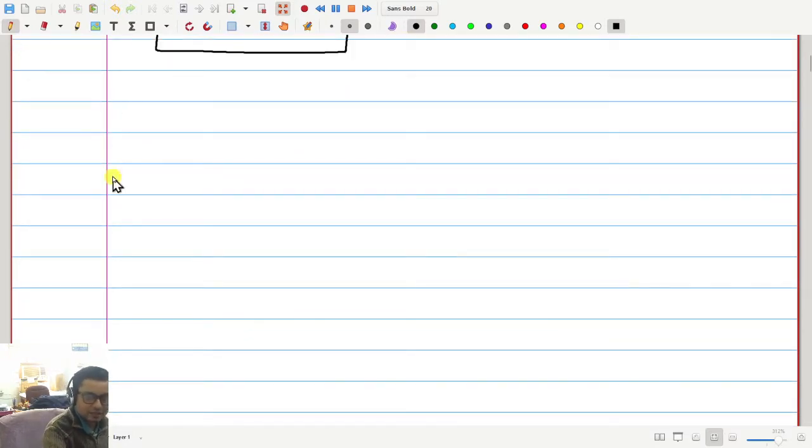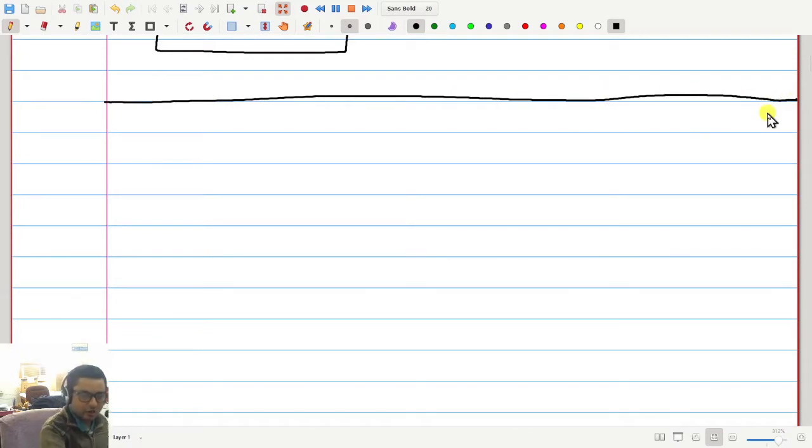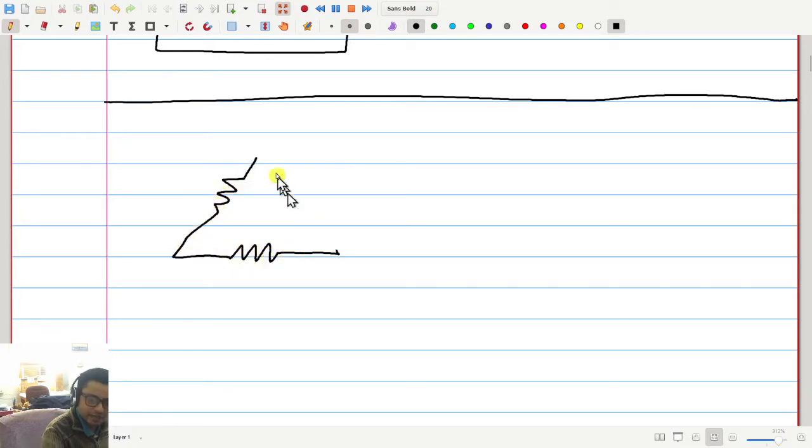Let me tell you what delta star conversion is, because this may be a new topic for you. It is like this. Suppose we have 3 resistances connected in the form of a triangle.